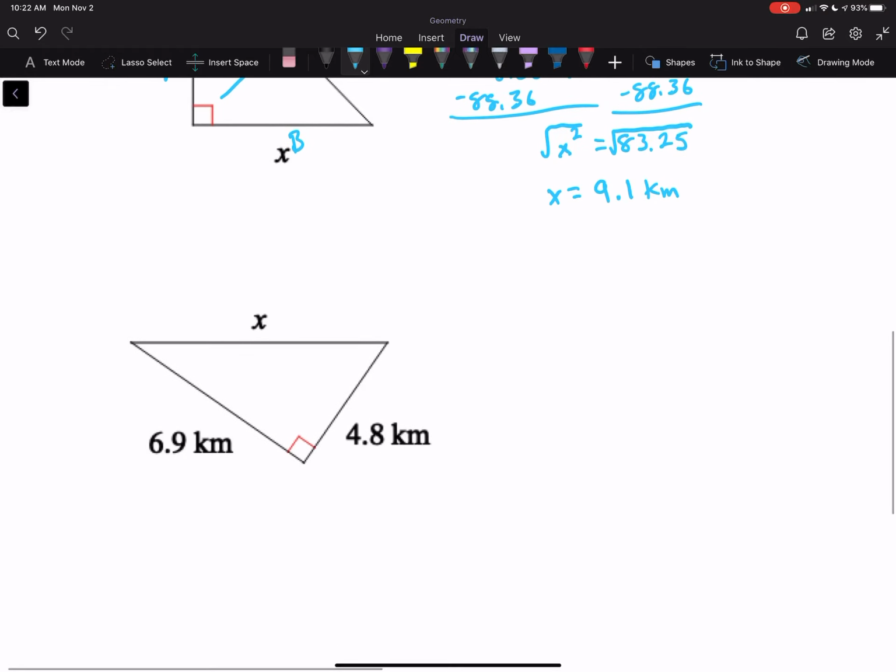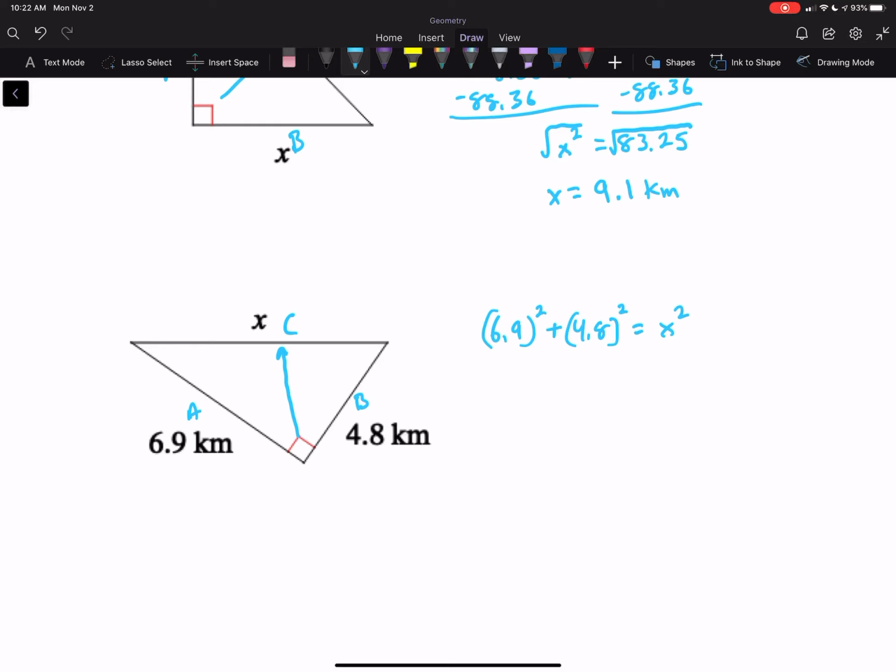All right, so this one, this is the hypotenuse, so that's C. Then you just have A and B. Always label them or else you'll get confused. So 6.9 squared plus 4.8 squared is equal to x squared.